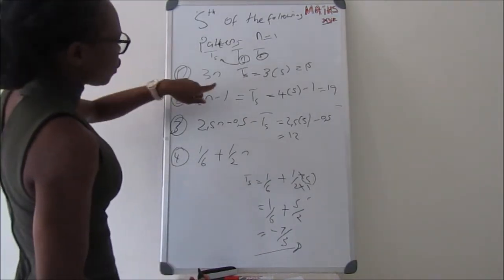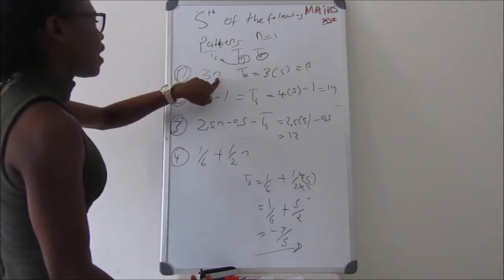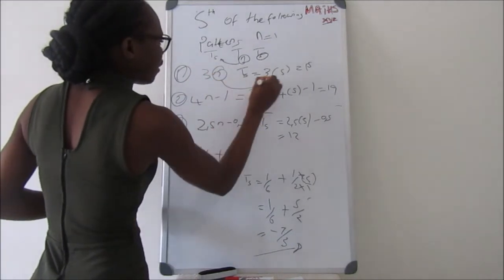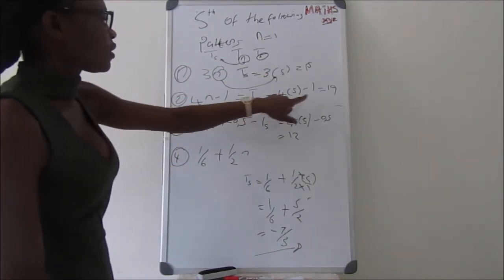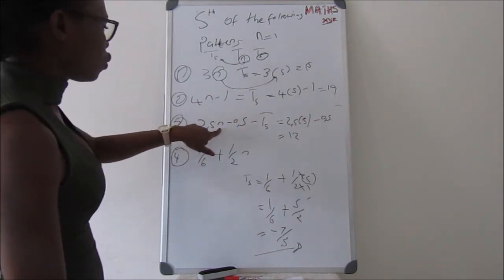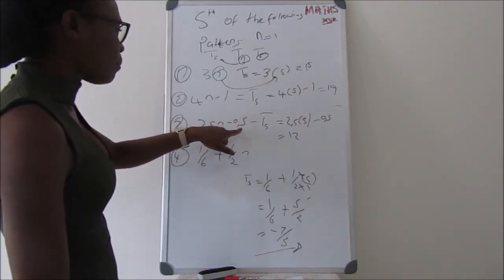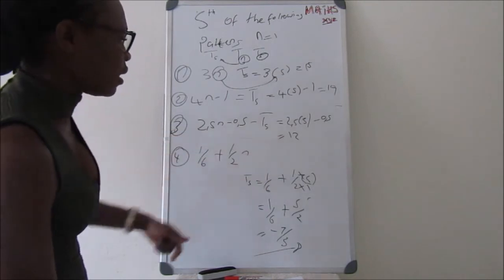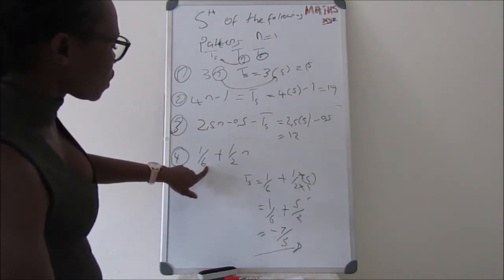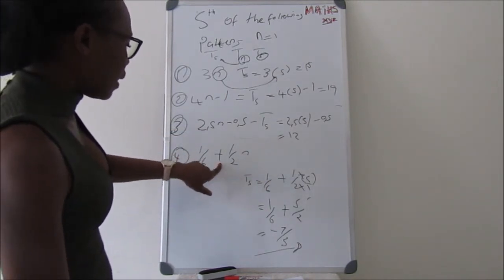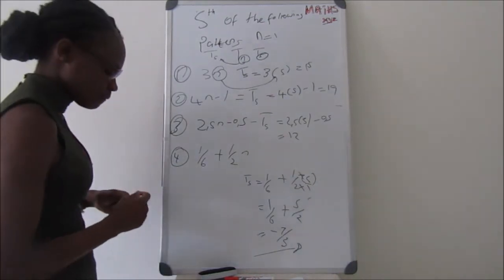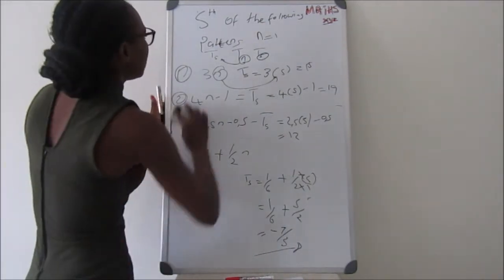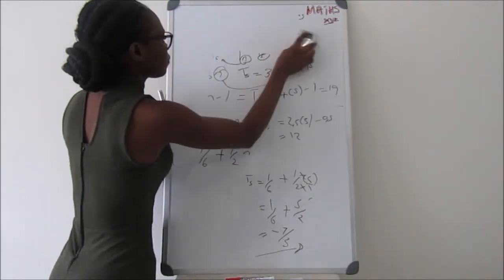For this one, we just multiply 3 by 5 because we're replacing the n with 5, so that will give us 15. The same thing we did here gives us 19. And 2.5 multiplied by 5 minus 0.5 gives us 12. The same thing with 1 over 6 plus 1 over 2 multiplied by n gives us negative 7 over 3. All right, let's just do another one.